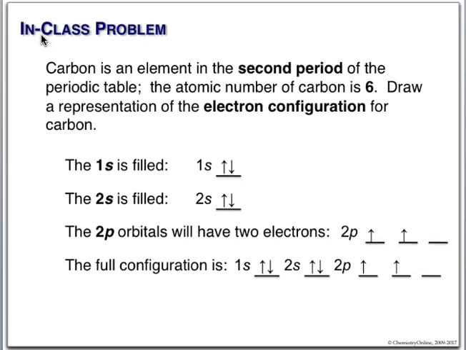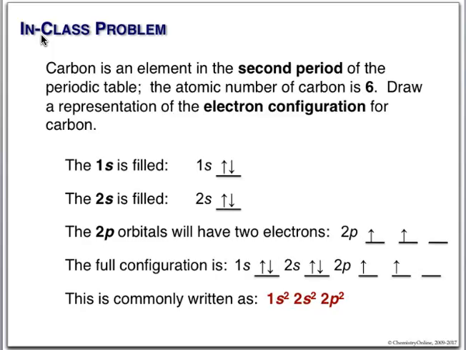Makes it much easier, actually. 1s2, 2s2, that's those guys, and 2p, 2 electrons. If somebody asks you what the electron configuration of carbon was, you can simply say 1s2, 2s2, 2p2.